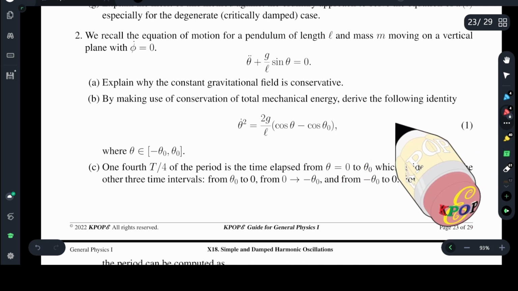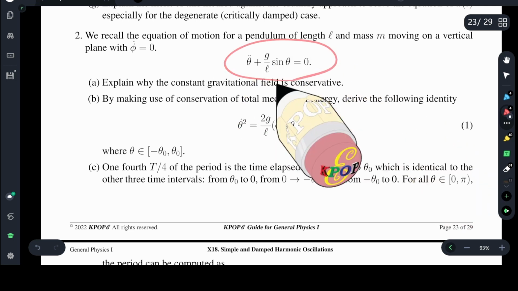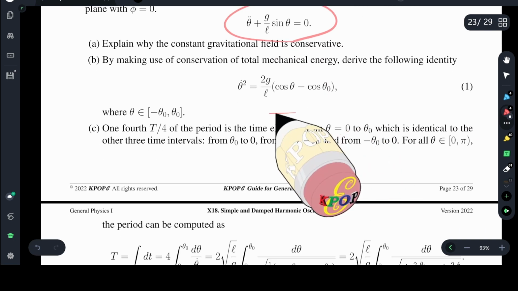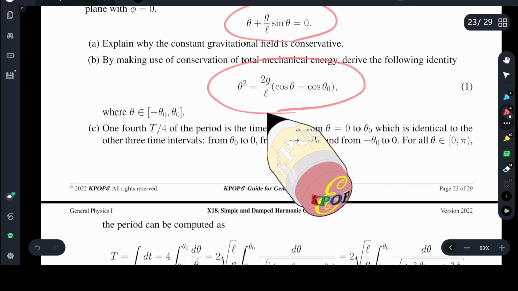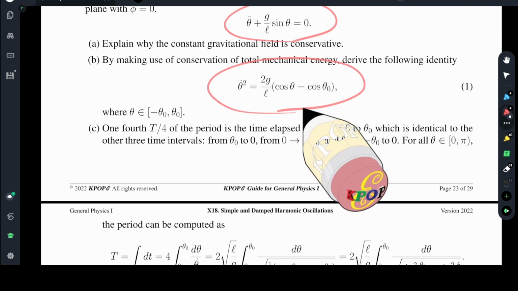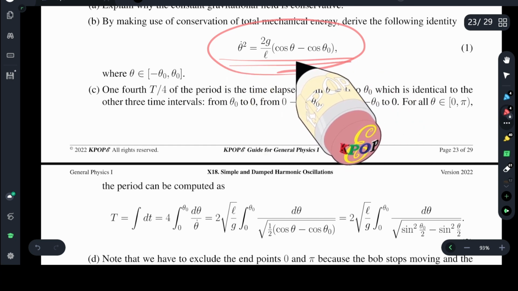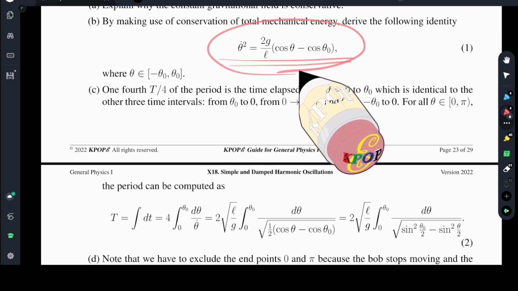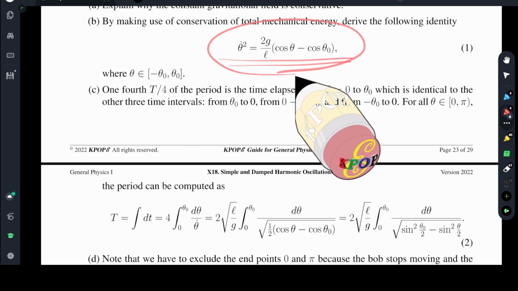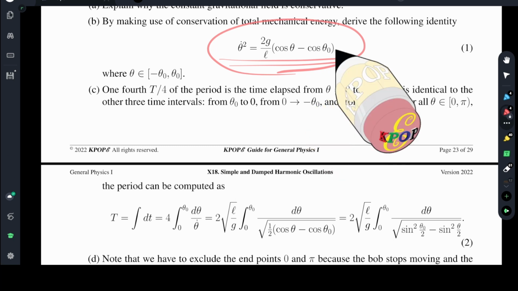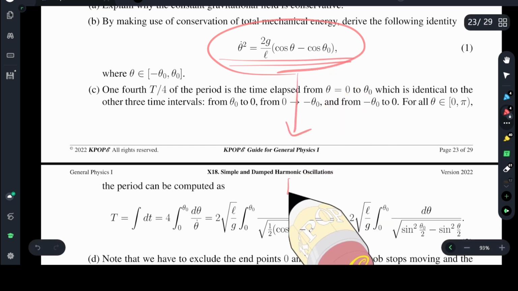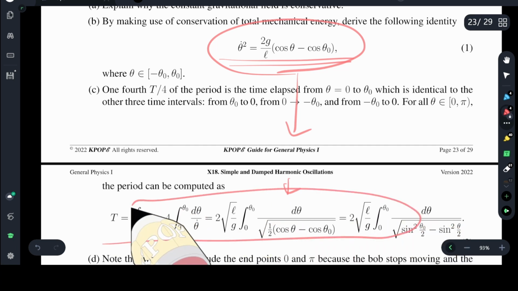Next, we consider the equation of motion for a pendulum in general. We learned that the total mechanical energy conservation gives this relation, and this relation can be used to integrate. You remember what we have done with arc sine for the simple harmonic oscillator. So we use the same trick to find the period.